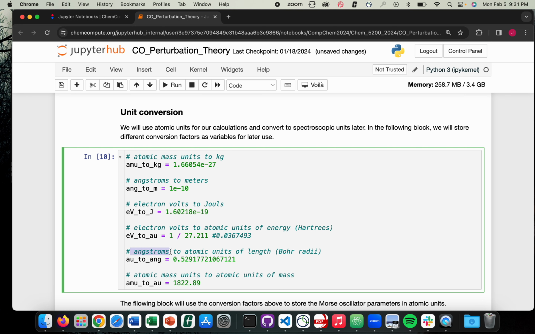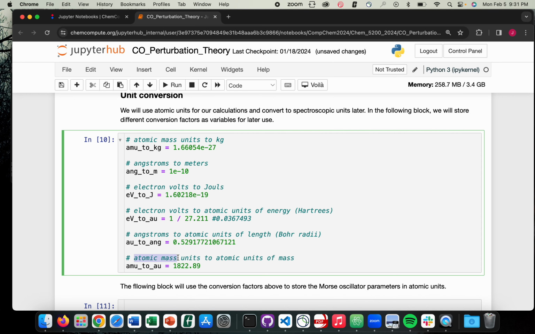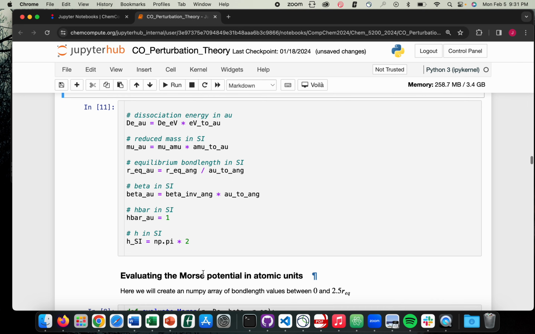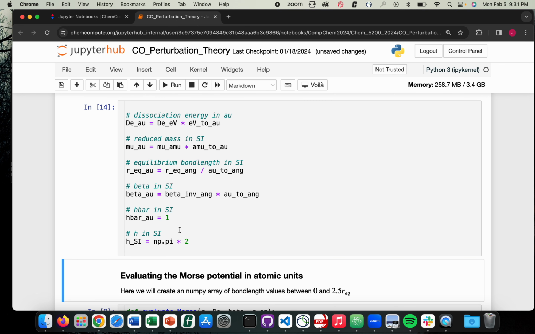I have the equilibrium bond length in angstroms. I'm going to convert that to atomic units, which is sometimes called Bohr radii. And then I have the reduced mass in atomic mass units, and I'm going to convert that to atomic units of mass. So here are some conversion factors for doing that. And this is a block where I'm going to convert all of those parameters into atomic units.